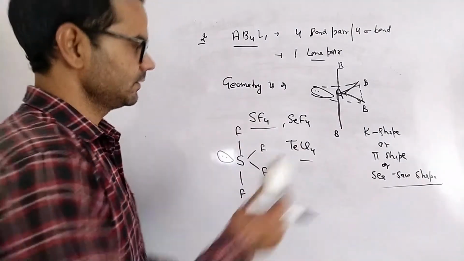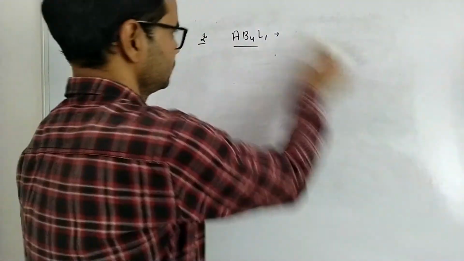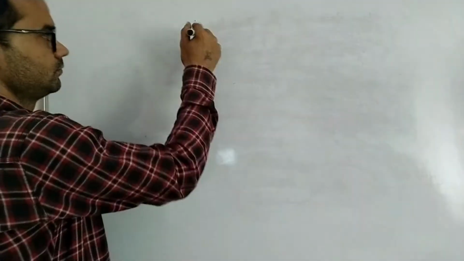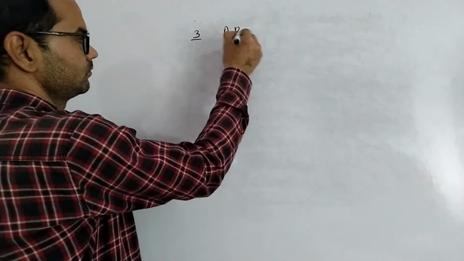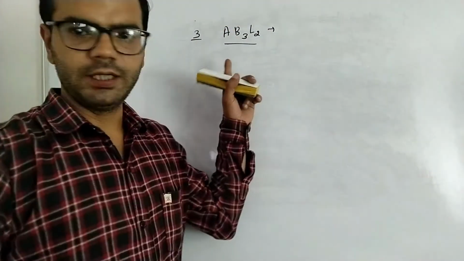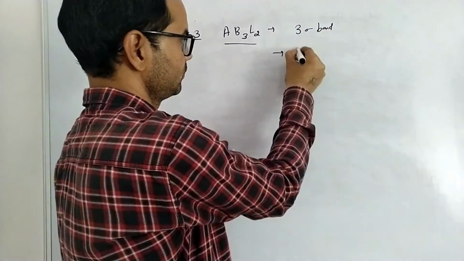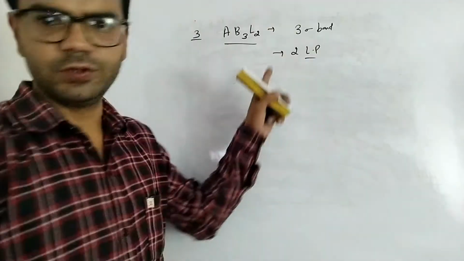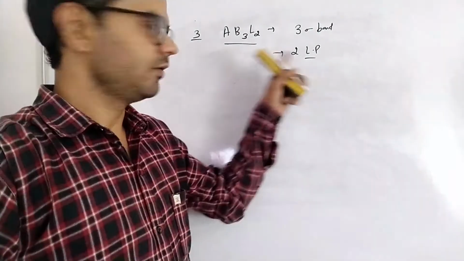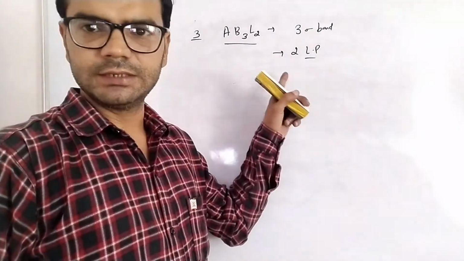Next possible case is AB3L2. Now 3 sigma bonds and 2 lone pairs are present. Again we will arrange lone pairs on an equatorial triangle to minimize the repulsion.